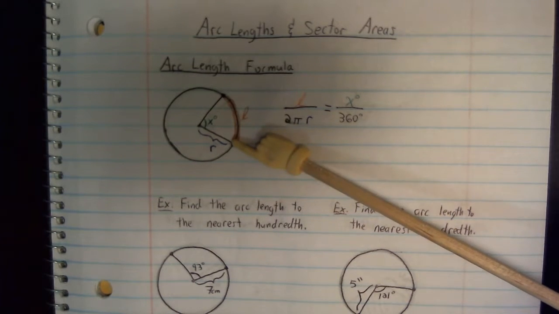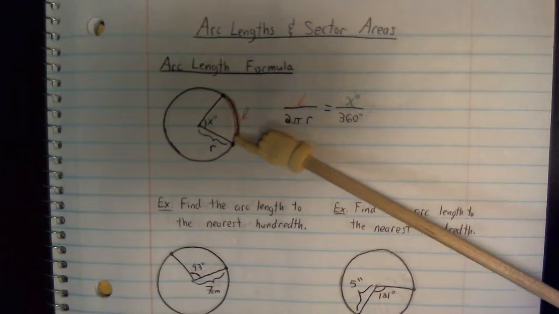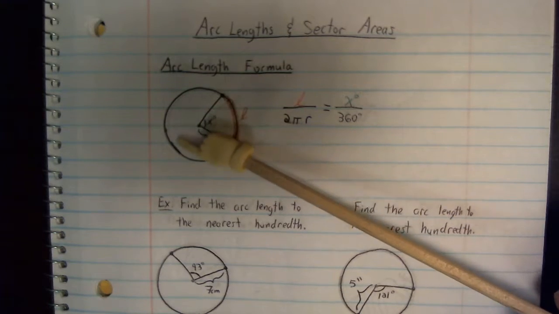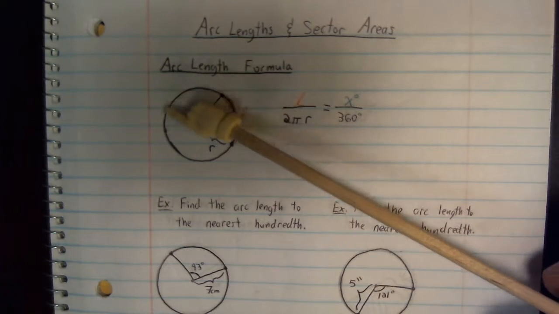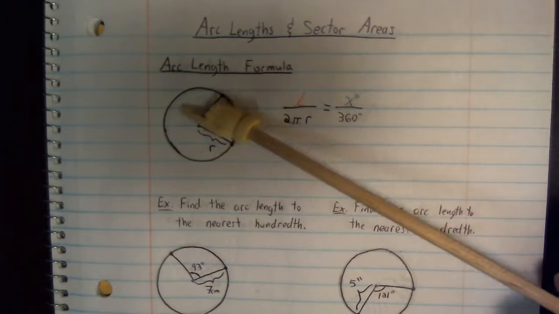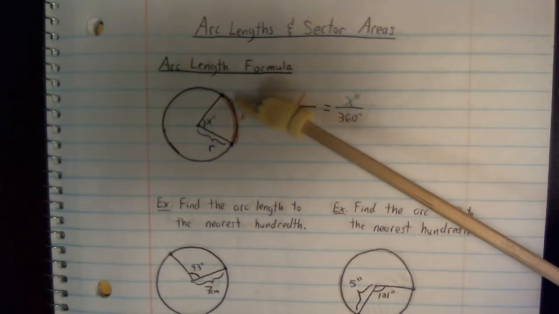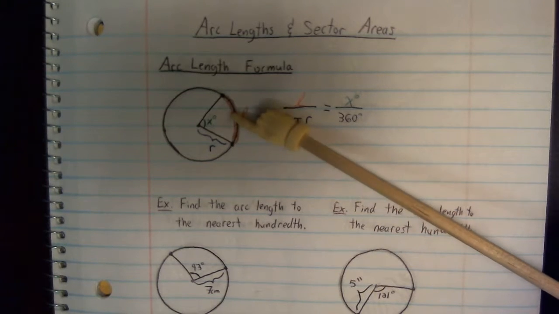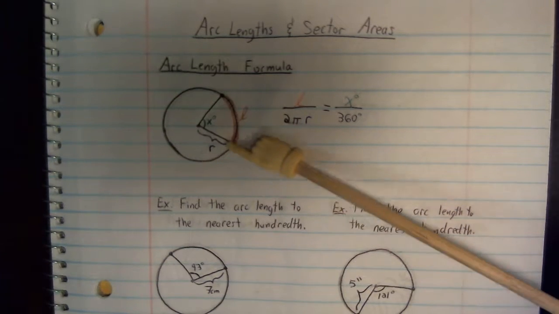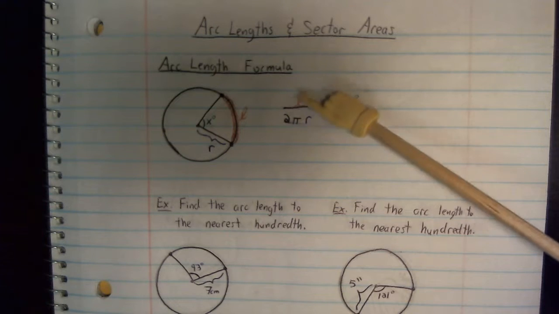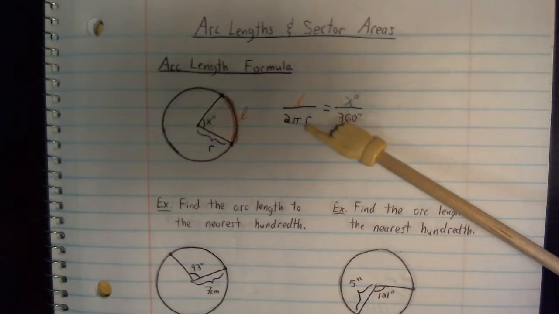This length is only a piece of an entire circle. And if we wanted to know the length of the entire circle, we would be using circumference, which is 2 pi r. So we're comparing the length of this piece to the entire circle. That's what this first piece tells us. Length compared to entire circle, circumference.